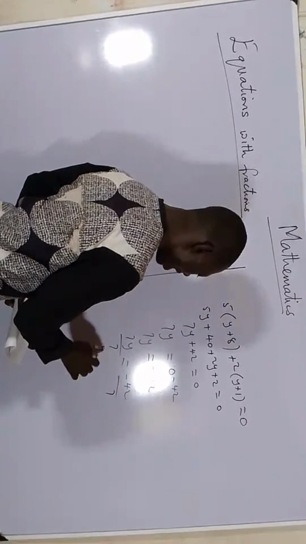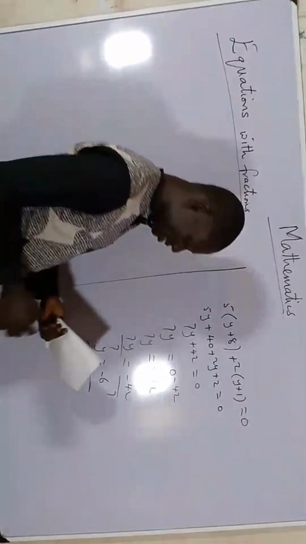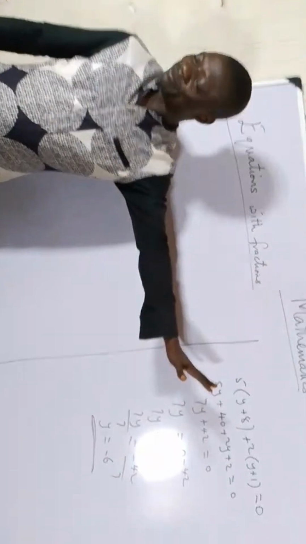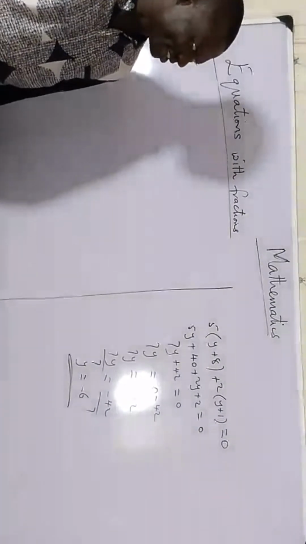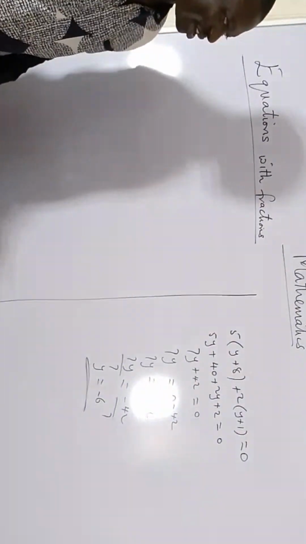At the end, we have y is equal to minus 6. Yes, remember that that is what we did in our last class, which we discussed under equations with brackets.